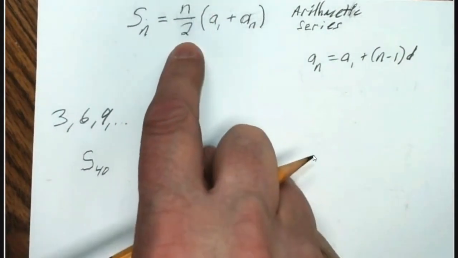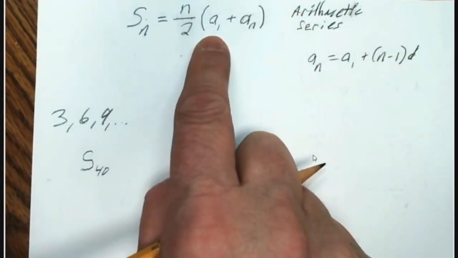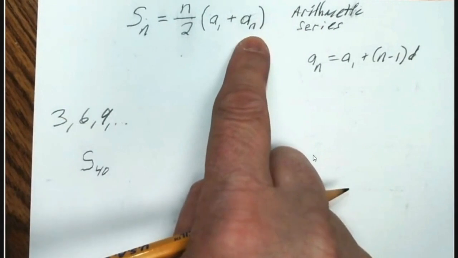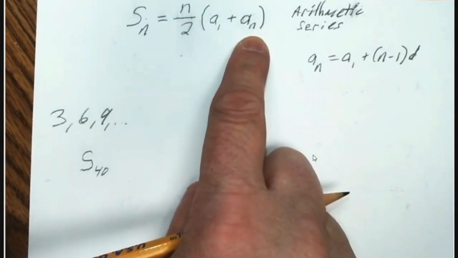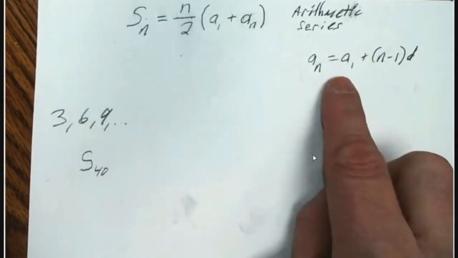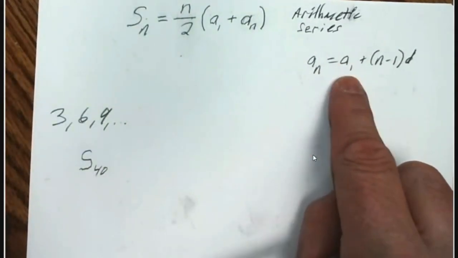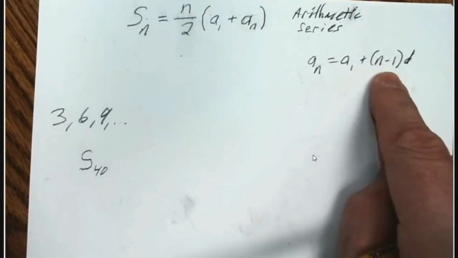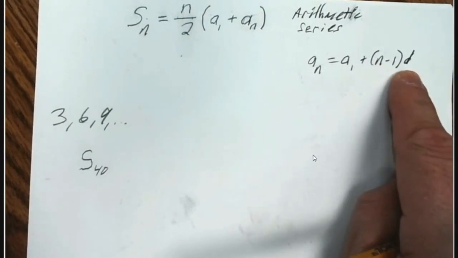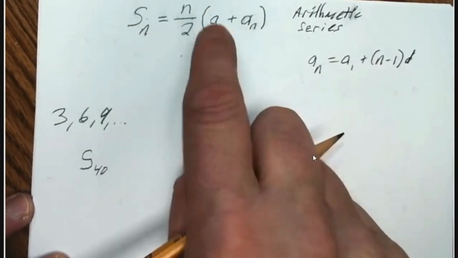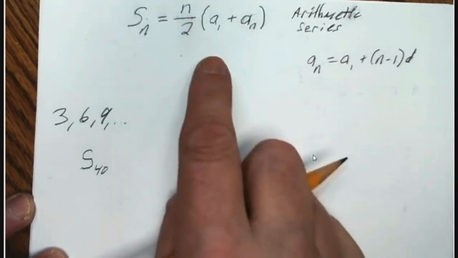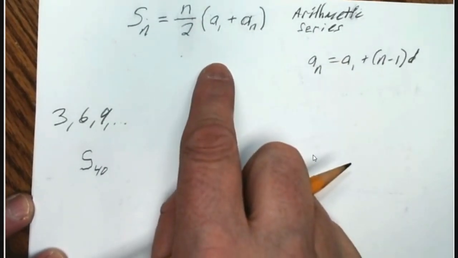So n divided by 2, 20. 20 times the first term, which is 3, plus the 40th term. I don't have the 40th term. Remember, we had this explicit formula where if we have the first term, we can do n minus 1 times the common difference. Well, we can also take this and put this in our formula and come up with a new formula for when we don't know.